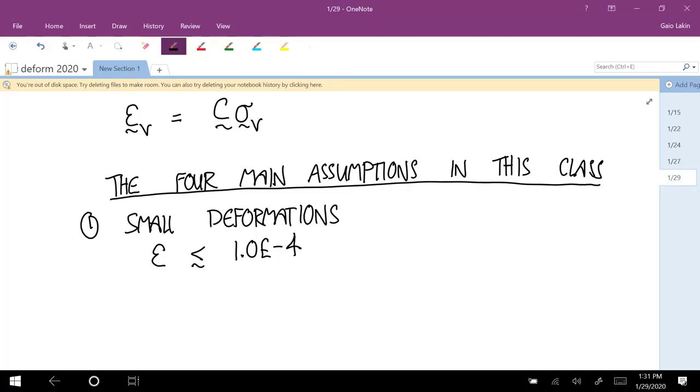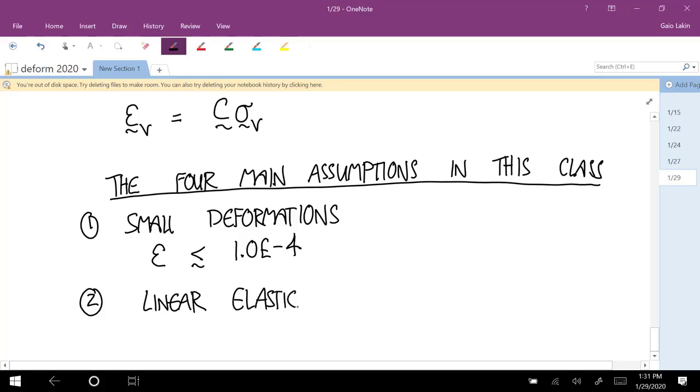One of the ways it can mess things up is it messes up the second, so these two are somewhat related. The second assumption is that we have linear elasticity. Which is the same thing as saying that materials obey Hooke's law.